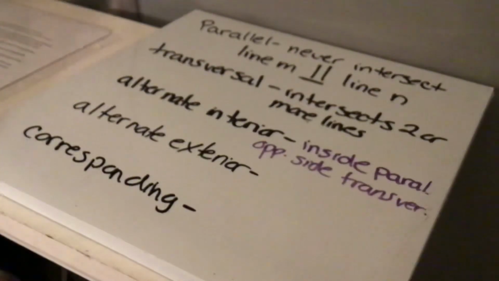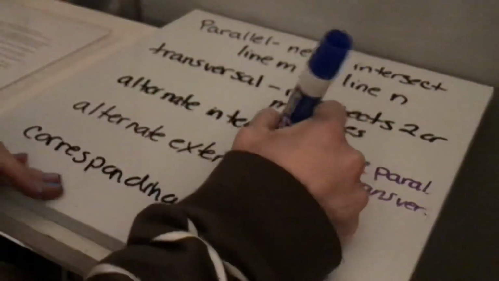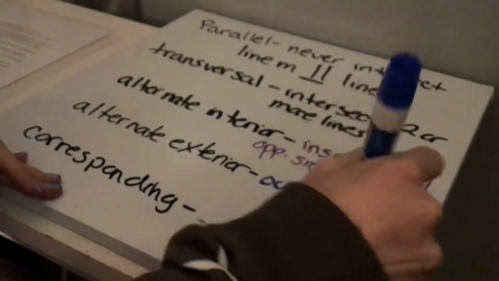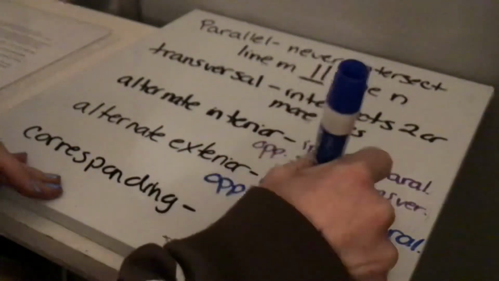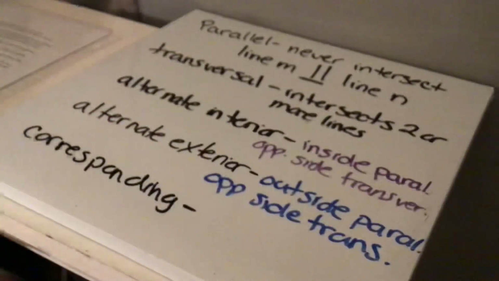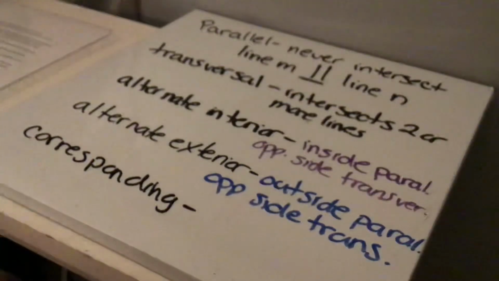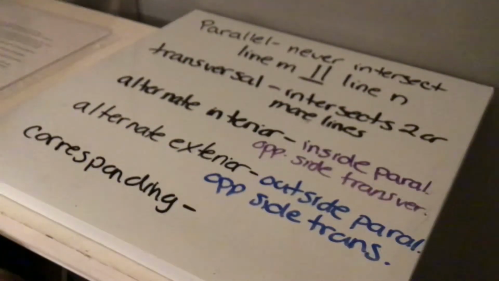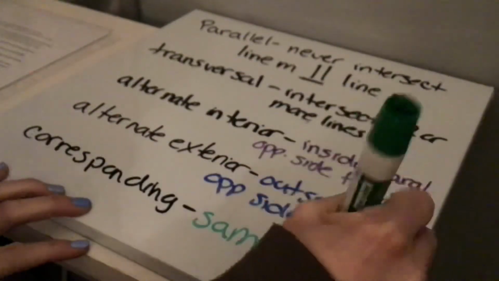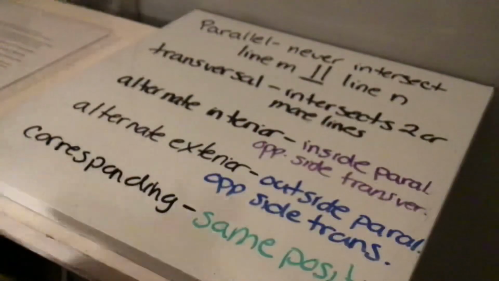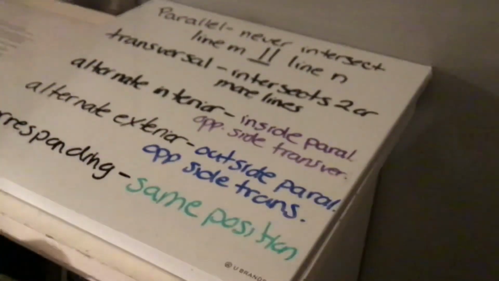Alternate exterior, right, means outside the parallel lines, opposite side of the transversal. Okay, and then lastly, corresponding are going to be angles that are in the exact same position. And that means the same position with regards to the parallel line and the transversal. So they're in the same place, okay?